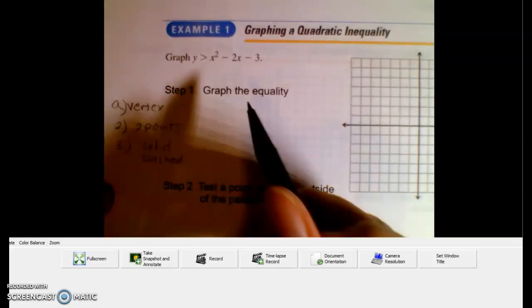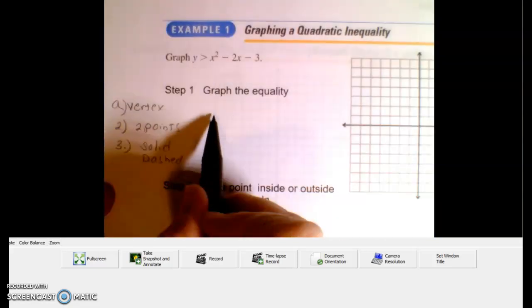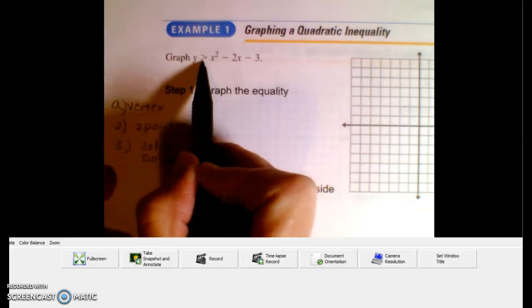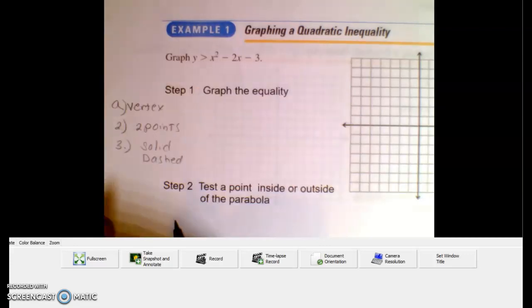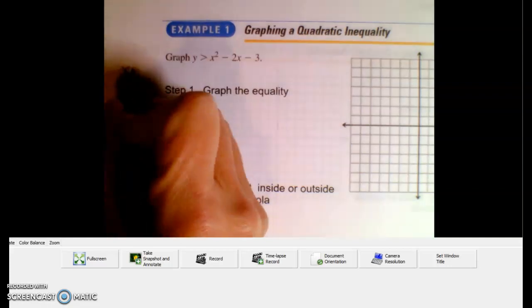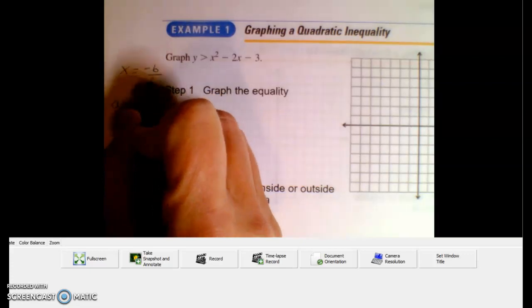Okay, so to get started, the first thing we have to realize is that we're going to graph the equality. So we're just going to pretend this greater than symbol isn't there and there's an equal to. To graph a parabola that's in standard form, we need to find the vertex. Remember, to find the vertex, x is equal to minus b over 2a.